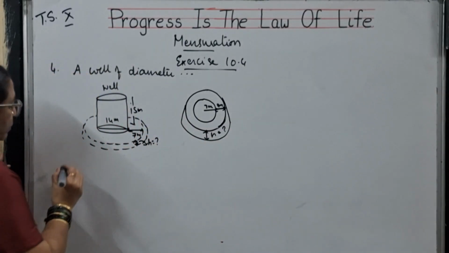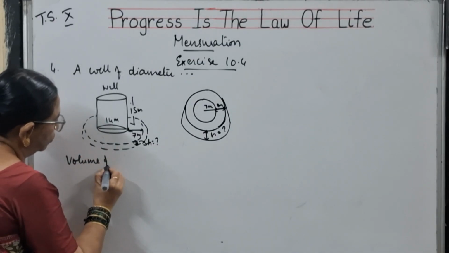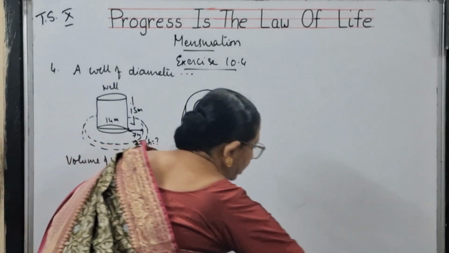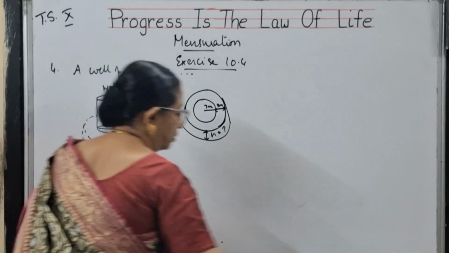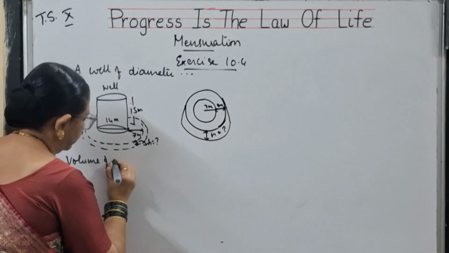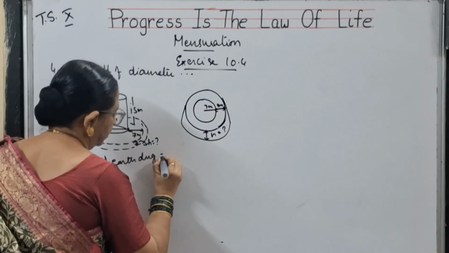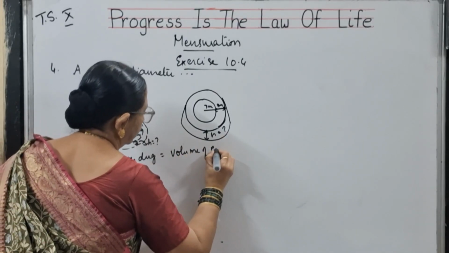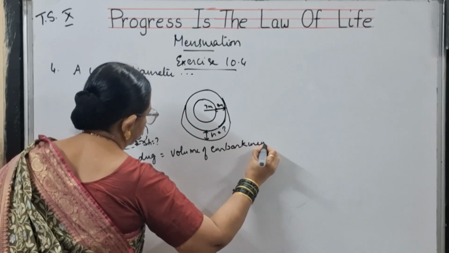So what can you say? Volume of the well, or volume of earth dug, is equal to the volume of the embankment.